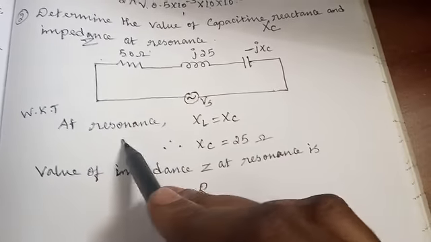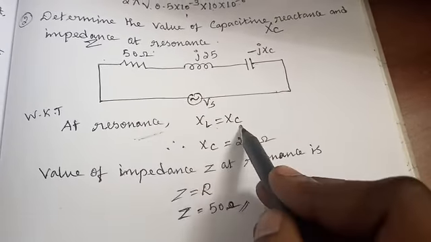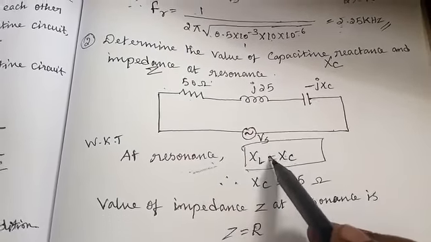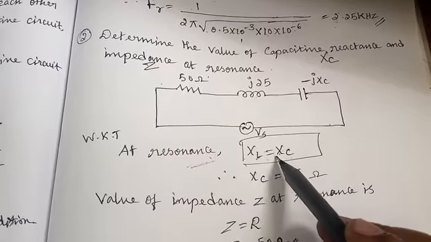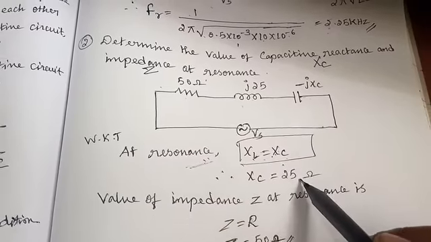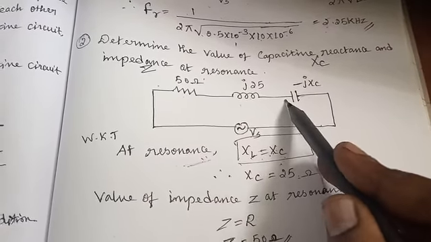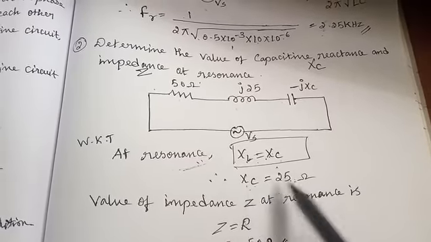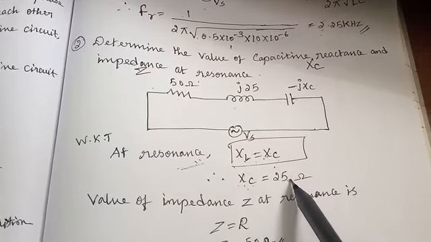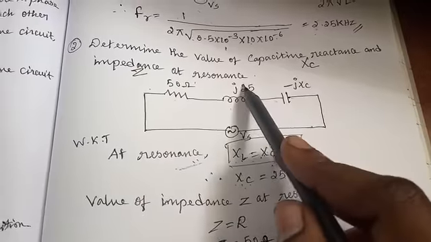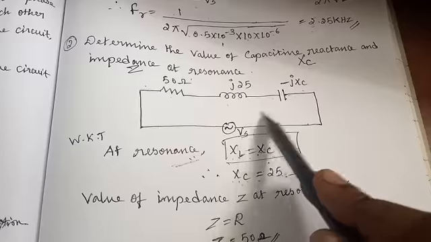We know that at resonance XL and XC are equal, so this is the condition for resonance. If the XL value is 25, then obviously the XC value must be 25. So at resonance my XC value is 25, because the condition for resonance is XL equals XC.